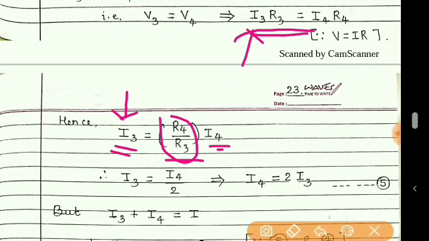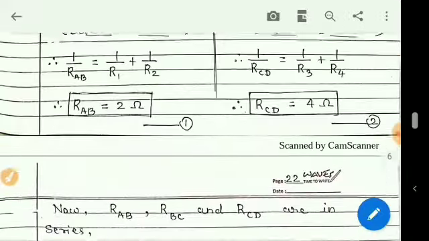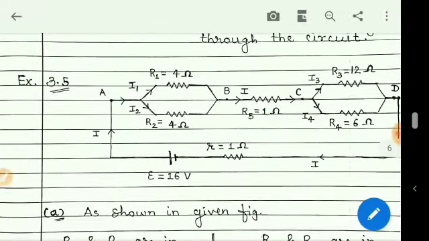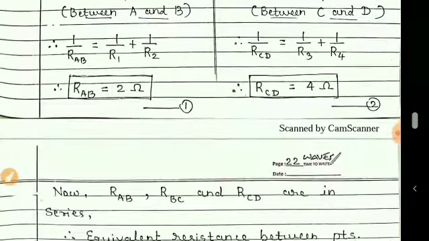Now putting the values of R4 and R3: R4 is 6 ohm and R3 is 12 ohm. So 6 upon 12 means 1 by 2.